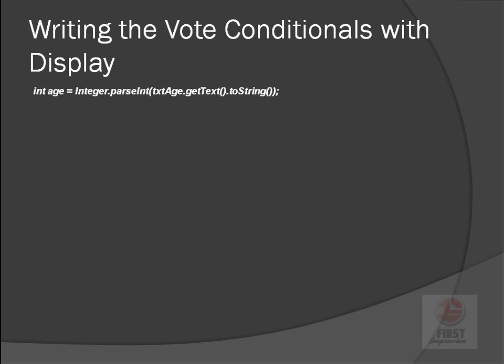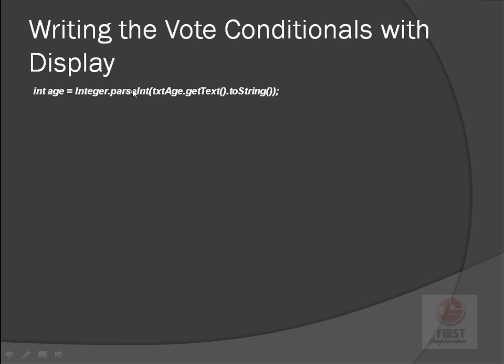In that case, this age should be an integer, not a string. But whatever text you give inside txt age is in the form of a string. So you have to convert that string to an integer by saying Integer.parseInt. In brackets you pass the name of the control dot getText dot toString, because you have to get the text from this control.